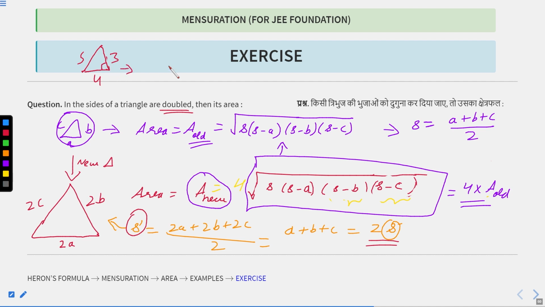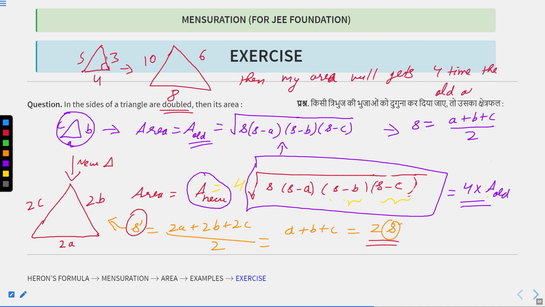Now if I double my sides, to 10, 6 and 8, then my area will be 4 times the old area. So whatever the area for this triangle is, say A, I can easily say that 4 times A is equal to the area for this triangle. I hope the whole concept of the question is clear to you.